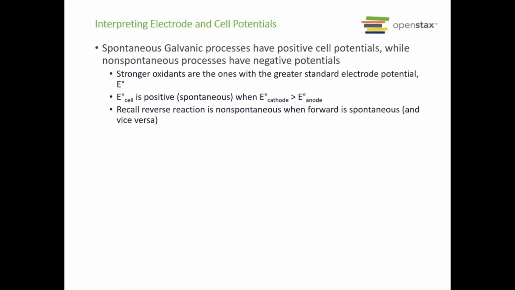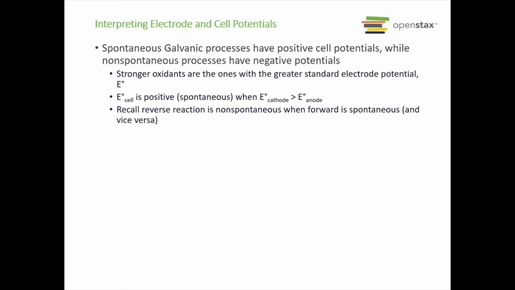Okay, so like I talked about already, a spontaneous galvanic process has positive cell potentials. If it's non-spontaneous, it's going to have a negative potential. So if you have a stronger oxidant, these are the ones that are going to have a greater standard electrode potential. So when you have the potential of your cathode greater than that of your anode, you're going to have a spontaneous process.